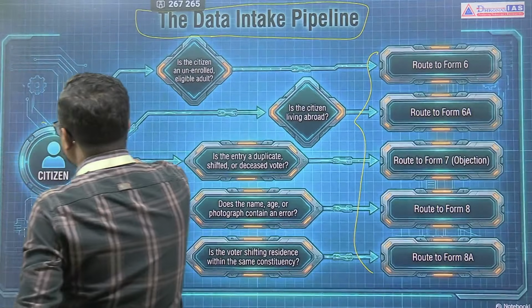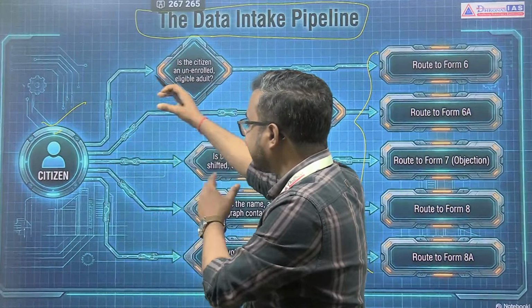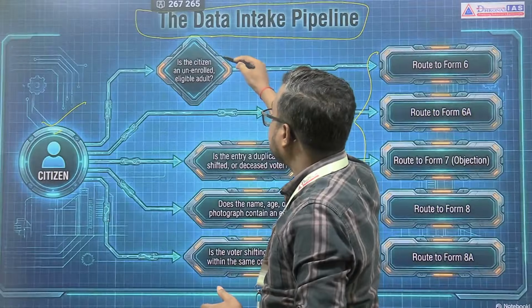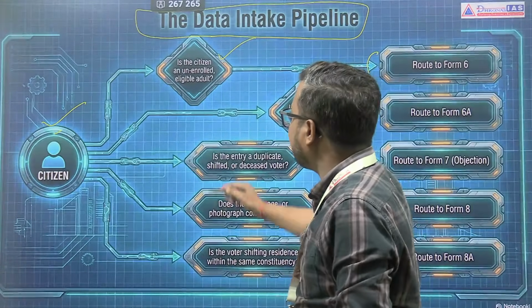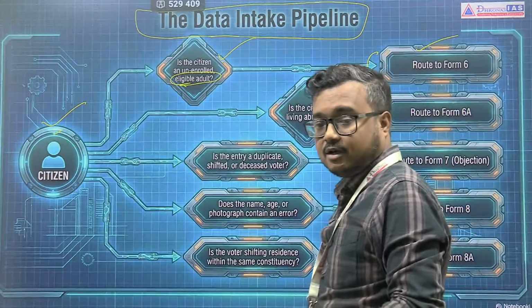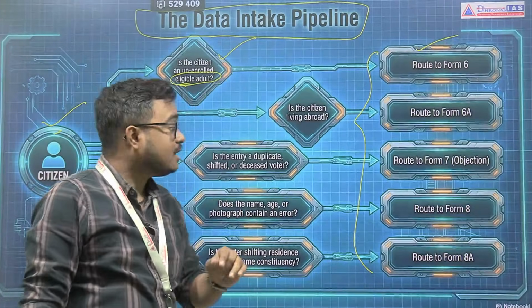Suppose you are a citizen, and based on your characteristics or your profile, you will be routed to different forms. Do you want to be a new voter? Are you eligible? Then obviously Form 6. Fill the Form 6. If everything goes right, you will be registered as a voter.